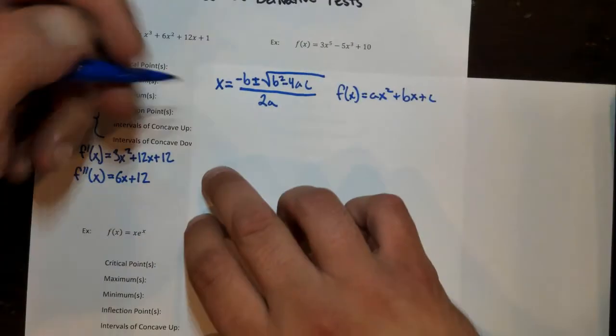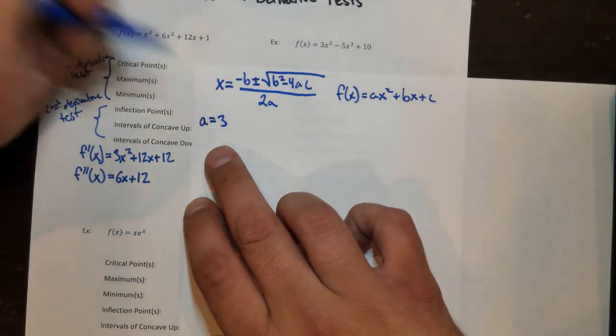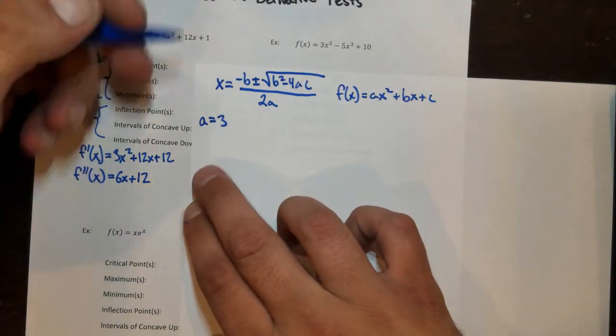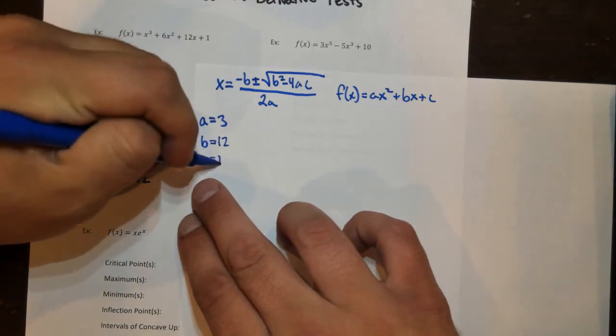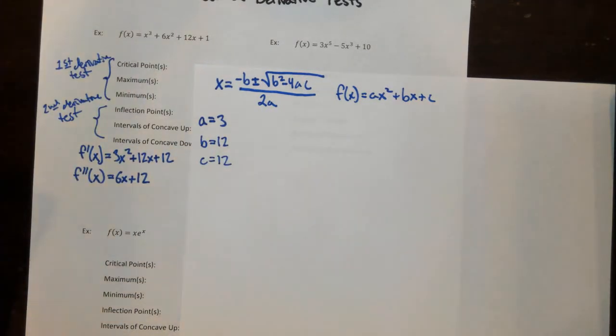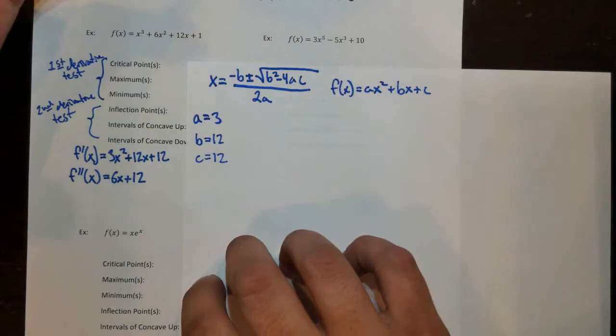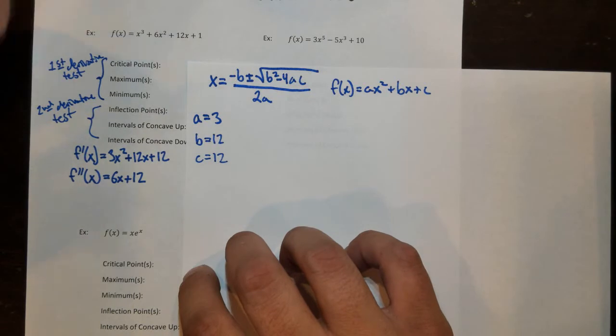Our a value here is going to be 3. I'm talking about the first derivative. Our b value is going to be 12, and our c value is going to be 12. Let's plug it into the quadratic formula.